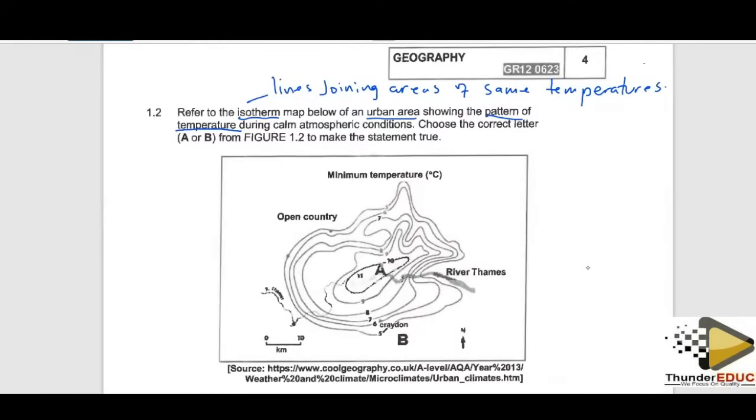So you can see, for example, we have this isotherm here, and it is numbered 5. This other isotherm is numbered 6, another one 7, 8, 9, 10, etc. All right. As well, there is a scale to indicate distance in kilometers.